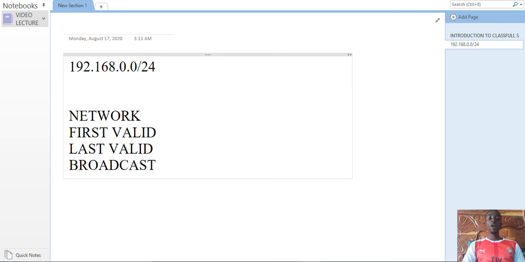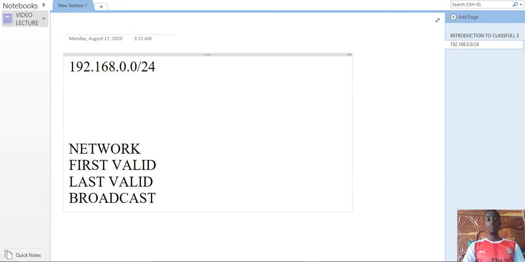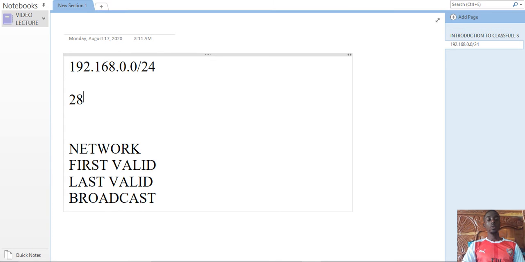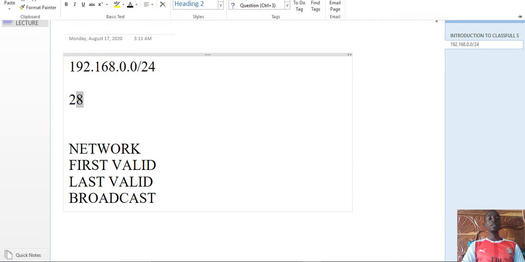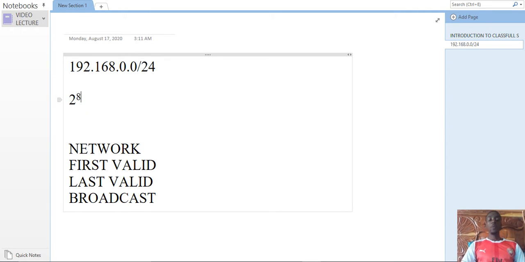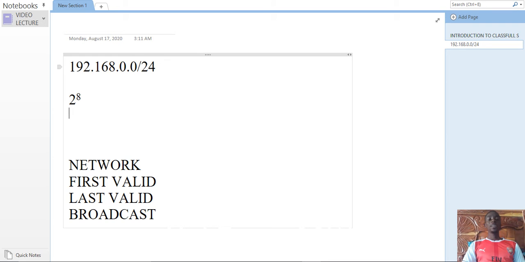To verify how many valid IP addresses are here, what formula do I use? It's 2 to the power of 8, because with class C you have 8 bits that are part of the host portion.